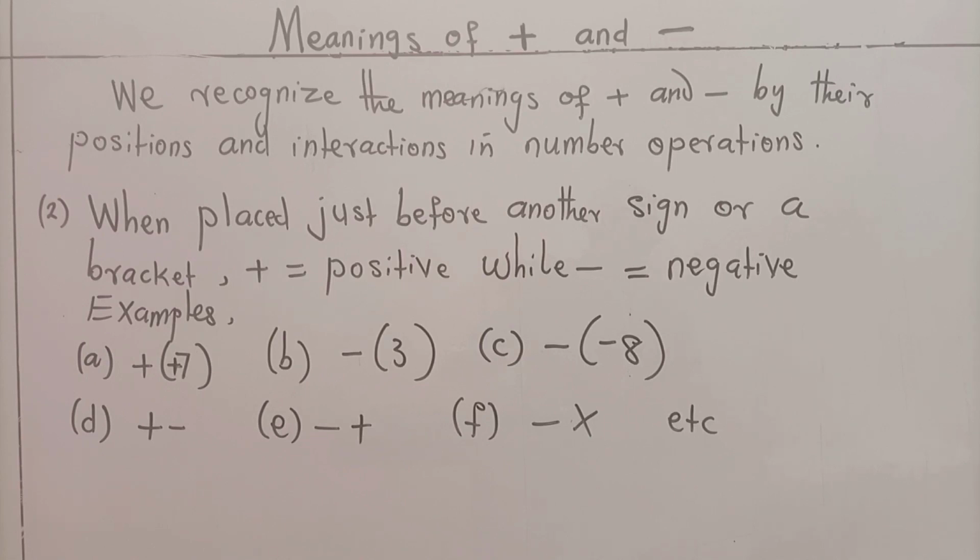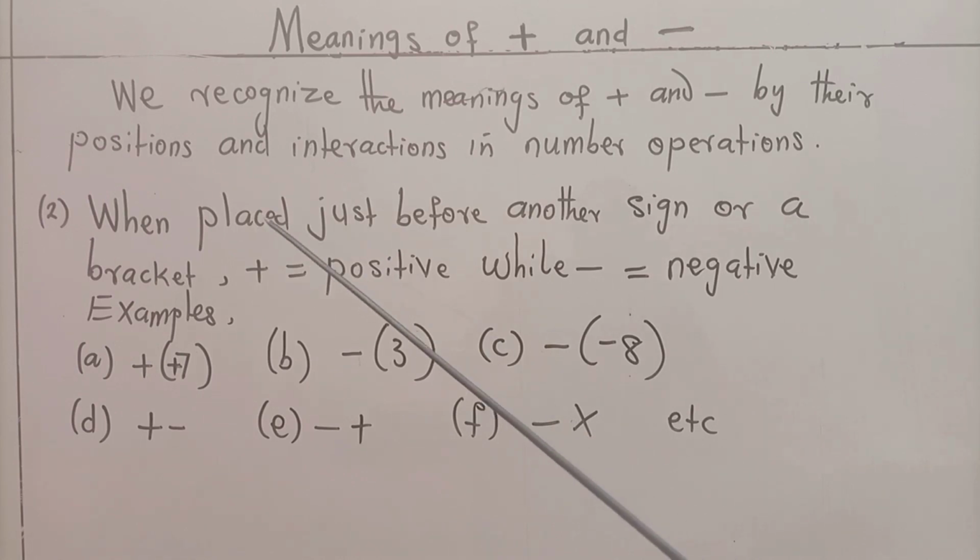That is, plus means having and positive, while minus means owing and negative. The two other meanings that we have attached to them are secondary in importance. They don't occur all the time. It means, therefore, that the first two meanings attached to these signs are the most prominent and the most popular. And that is why we're going to restrict the meanings in number operations as possessed by these signs to only two for each of them.